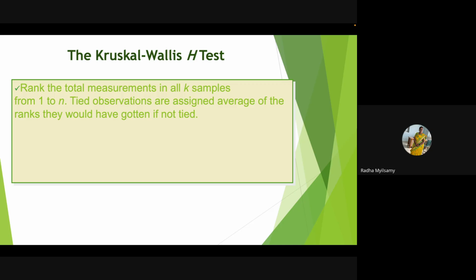Suppose there are 2 observations in the third rank, we may give 3 to both, or else we may take the average, 3.5, and give 3.5, 3.5. Or we may go with 3 and 4 for the two. The next value also we give accordingly. So there are types of tied observation ranking available. Based on the nature of the data, we may go with these three types.